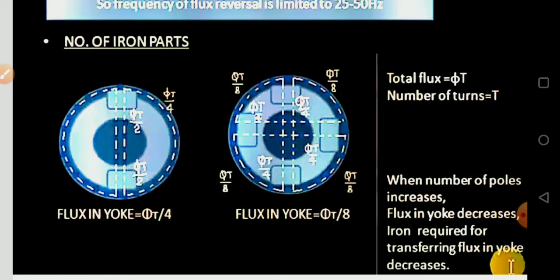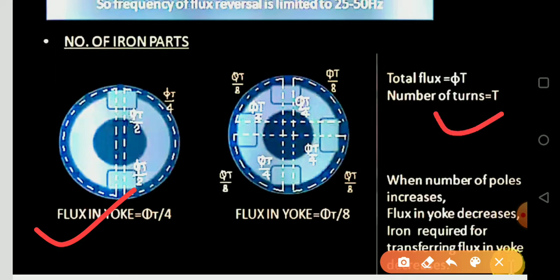In case of a two pole machine, suppose we have a number of turns T and the total flux is phi T. Because the number of turns is denoted by T, to get how much flux is produced here, we multiply flux into the number of turns, which gives us the total flux.